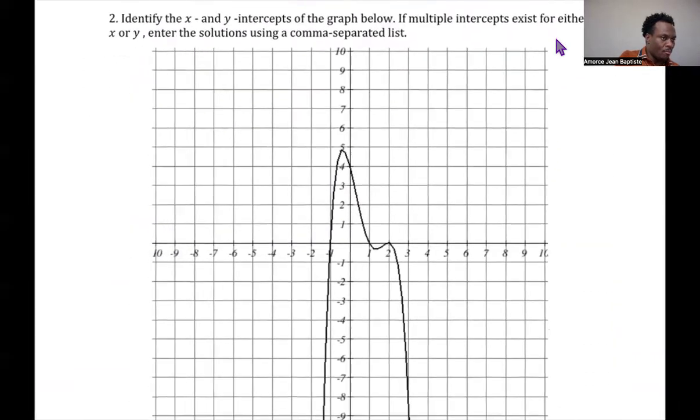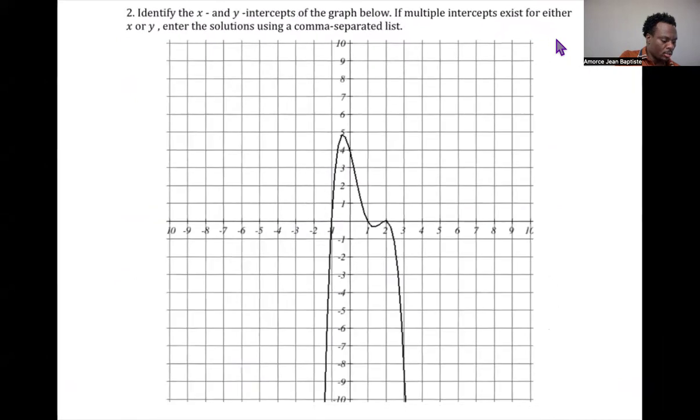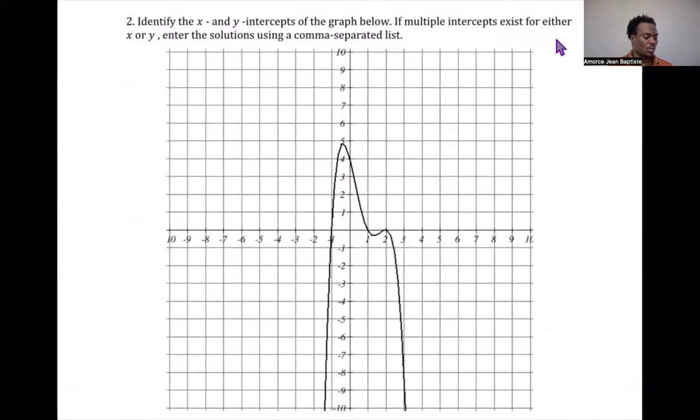In this case, we have more intersections, so we can start identifying the intercepts. Obviously, all of these ones are x-intercepts, and then this one is the y-intercept.